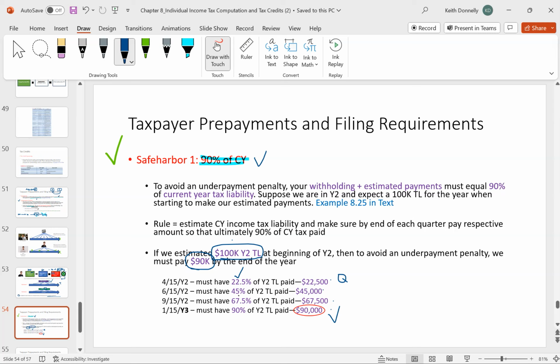If you're wondering why it's 22.5, 45, 67, it's essentially 25, 50, 75, 100, but multiplied by 90%, that's where you get those amounts. Do be aware, know those.